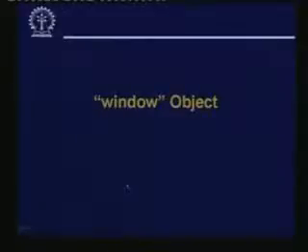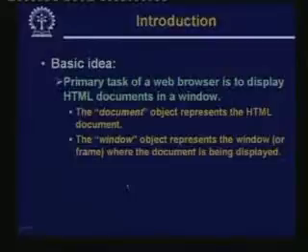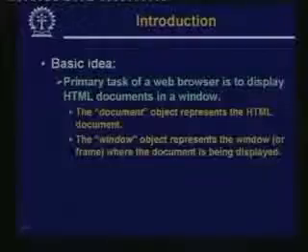So, the first object that we look at is the window object. This is the most basic kind of object, and the primary task of a web browser, as I said, is to display HTML documents in a window. So, actually when you display an HTML document in a window, there are two things: what is being displayed, and number two, where it is being displayed.